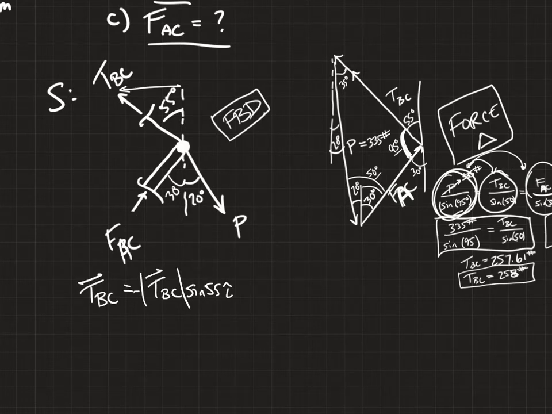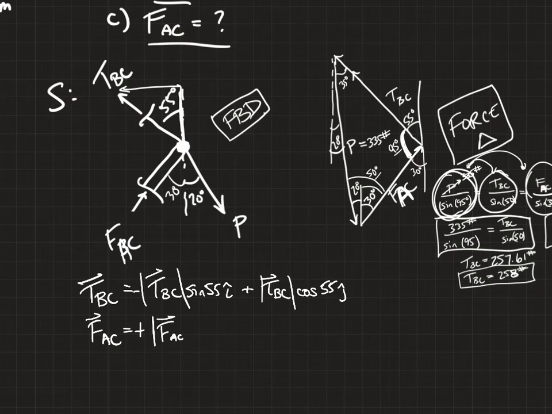Okay, and then plus TBC, and the plus is because it's in the positive y direction, and cosine, because that would be the adjacent side to that angle, cosine of 55 to the j. Okay, now I'm going to do FAC equals, okay, so in the x direction it's positive, so positive FAC.